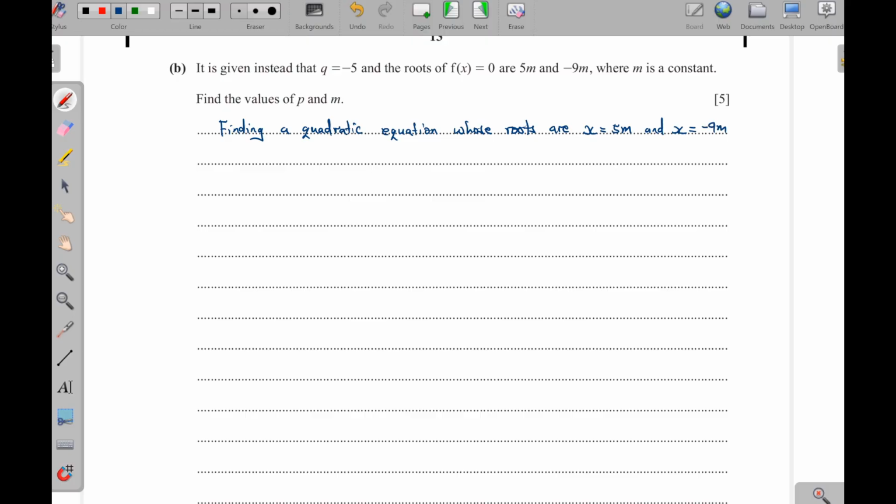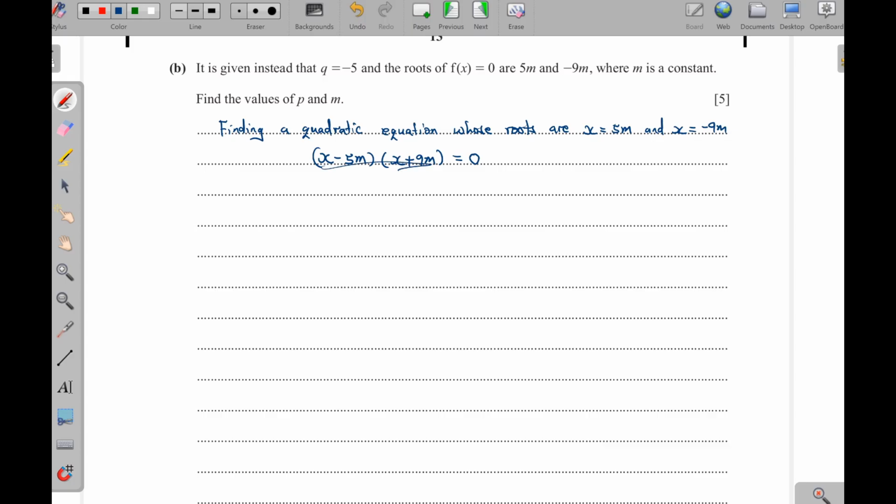Now, let us solve backwards. Bring this one here, we shall have x minus 5m. Then also bring this one here, you will have x plus 9m, which will be equal to 0.